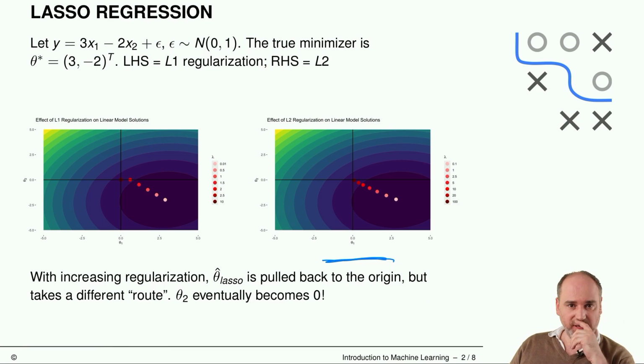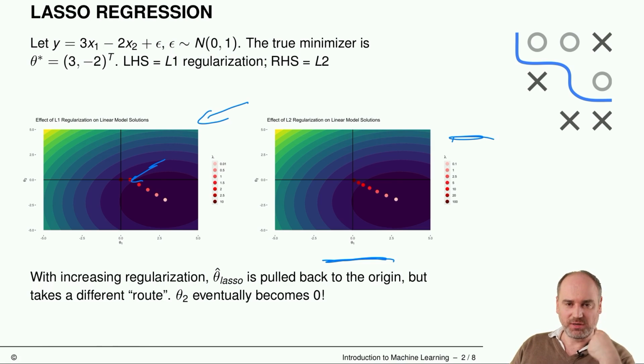For L2, we get pulled back to the origin. For L1, something similar happens, but the path is now taking a different route. You can already see that something interesting happens here. At some point, we end up on an axis where theta 2 is exactly 0.